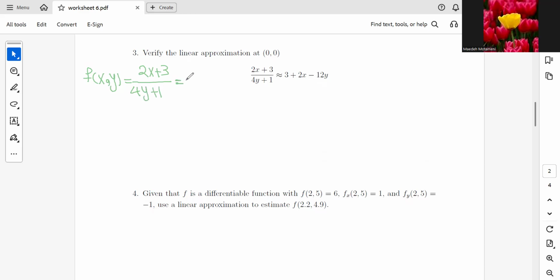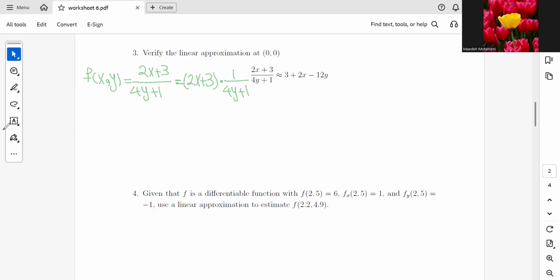Or we can rewrite it as 2x plus 3 times 1 over 4y plus 1. And we're going to find the linearization, the linear approximation of this, and we would compare it to 3 plus 2x minus 12y to see if they are the same.